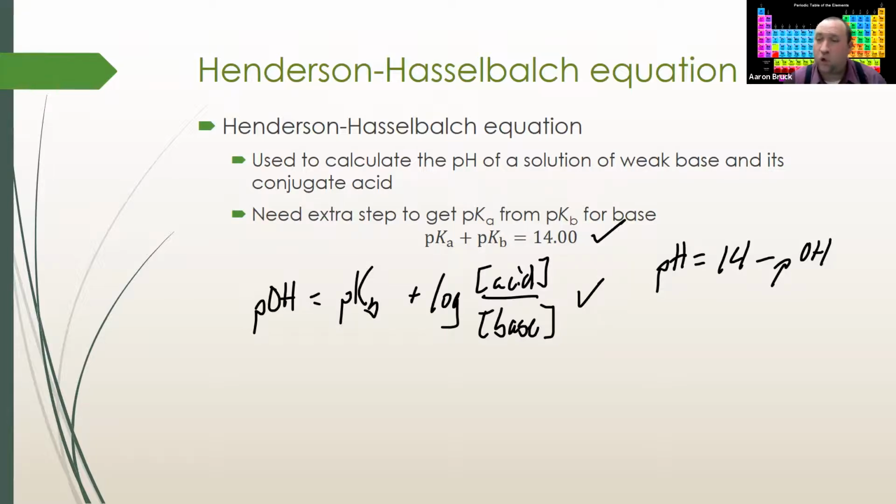It's just a matter of which order we do them. Do we subtract from 14 to figure out the pKa and then use the Henderson-Hasselbalch equation in its acidic form? Or do we use the Henderson-Hasselbalch equation in its basic form and then convert the pOH to pH by subtracting it from 14? It's kind of two ways of doing the same thing. It's just a matter of what your preference is.